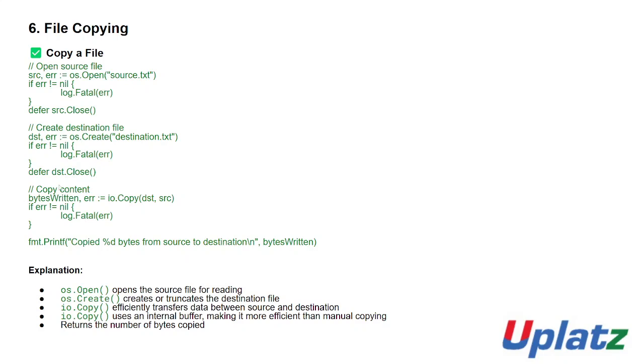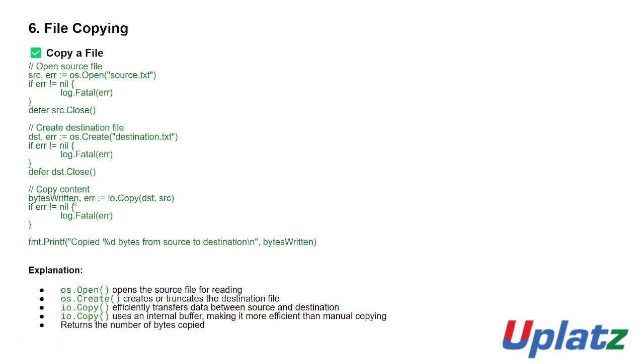Okay. Now copy that content. bytesWritten, err := io.Copy(dst, src). Okay. So if there is an error, then print: copied %d bytes from source to destination.